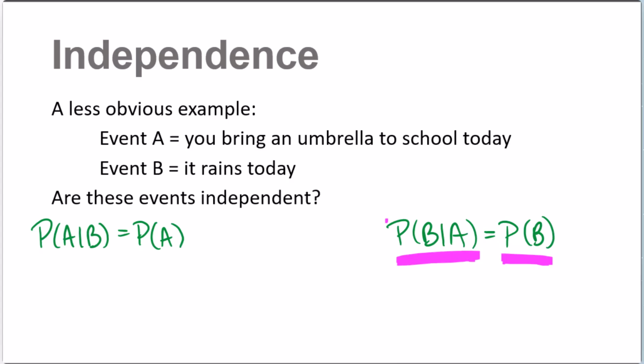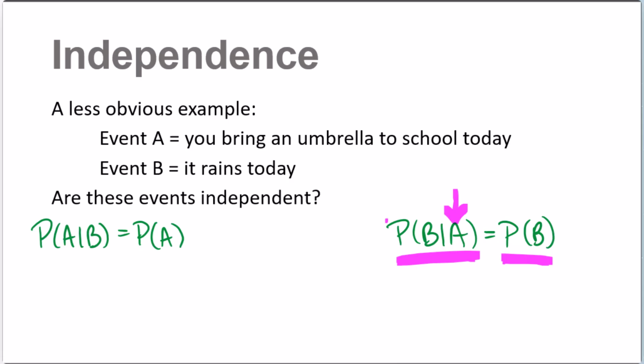If I compare that to what's the probability that it rains given that I brought an umbrella today? Well, if I brought an umbrella because it looked particularly cloudy in the morning, or maybe because I checked my weather app and it said 30% chance of rain, then it's really more likely that the rain is going to happen on that day. If I know that this was a day that I brought an umbrella, then the chances of there being rain are higher.